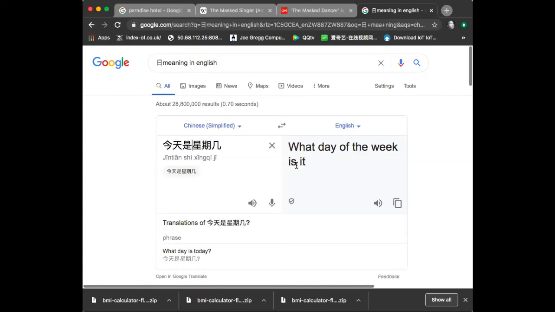So the is it part, that's the how many or how much, which is 几, last part there. Okay. So 星期几, which day of the week? So that's how we ask. 今天是星期几? So I'm gonna ask you to tell me the days of the week starting from Monday through Sunday.